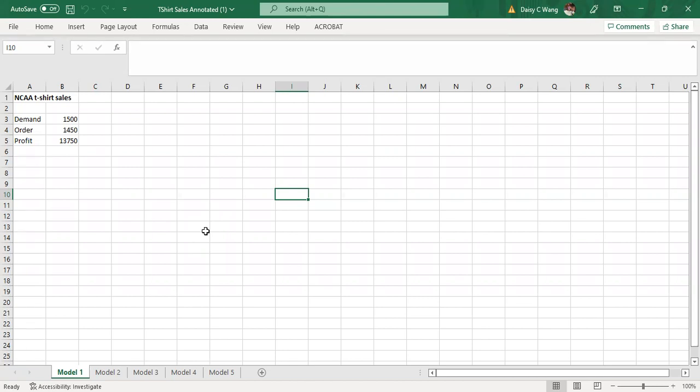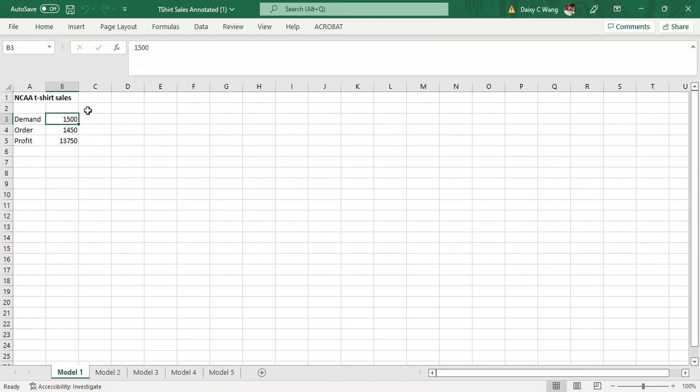So let's look at this. We have this model. It says NCAA teacher sales, and it says demand 1,500, order 1,450, profit 13,750. When you look at this, it's like, what is that? So what we should do is click and see if there's anything we can find.